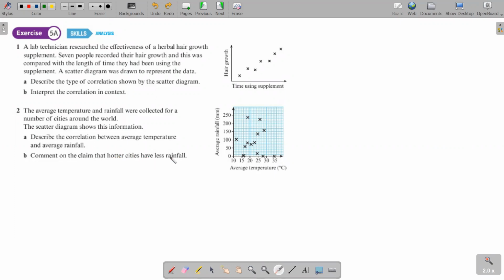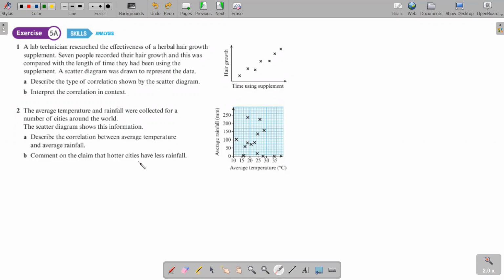Saying hotter cities have less rainfall means we are trying to say there is a pattern. But is there a pattern here? Is there any sort of a trend? There is no trend here. You can't rely on this information because it does not have a correlation. No correlation means no relationship, and no relationship means you can't give any claim.